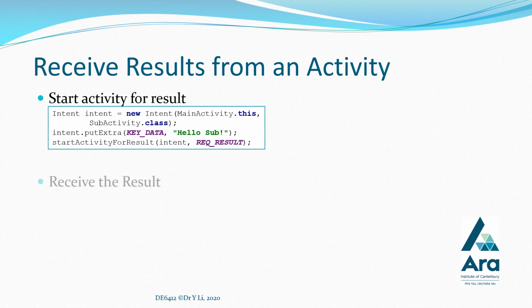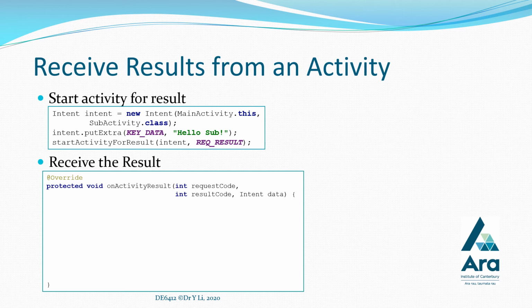When we start an activity for results, we need to override the onActivityResult method to receive the result. The method will be called by the system when the sub-activity has completed and finished. The request code, which is this argument, is the code we have used to start the activity.